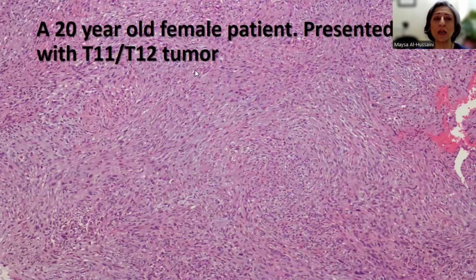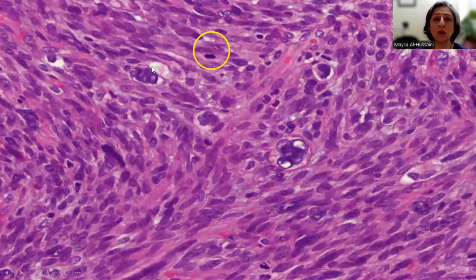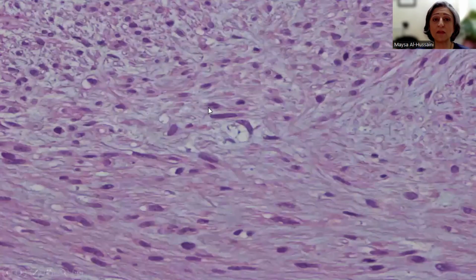And as you can see, there is a proliferation of spindle cell tumor with some tendency at whirling arrangement that is really worrisome. Again, some pocketing or nesting, some epithelioid appearance of the tumor cells here, perhaps a couple of mitotic figures as well as apoptosis. Marked pleomorphism is also identified in other areas as well as scattered mitotic activity.